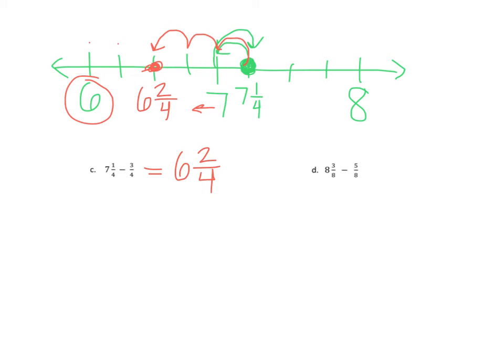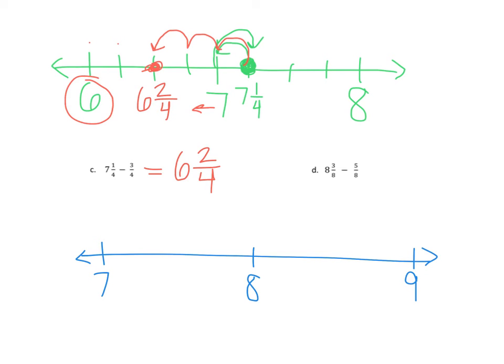Moving on to problem D, I have 8 and 3/8 minus 5/8. So I'm going to draw my number line. Let me pick a new color to use. I'm starting with the whole number of 8. So I'm going to have one number below 8, which is 7. Right in the middle I'm going to have 8. Then one number higher than 8, which is 9.